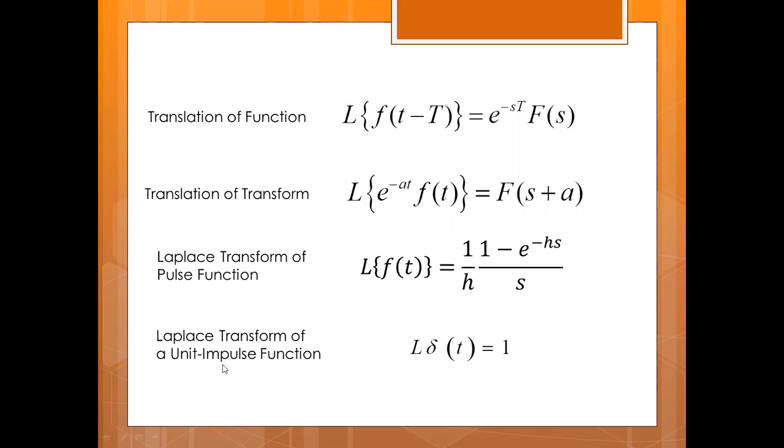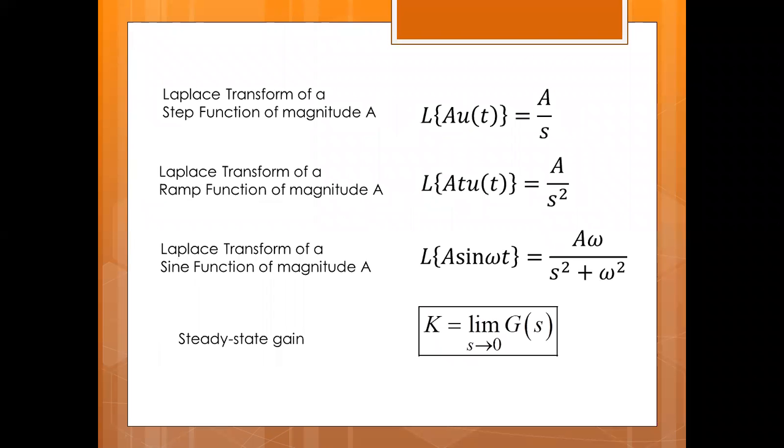For the Laplace transform of the unit impulse function, you have it as 1. Okay, if it's not unit, so if the magnitude of your impulse function is other than 1, then the Laplace transform of that will be the magnitude of your function itself. Okay, in here you have the Laplace transform of a unit step function.